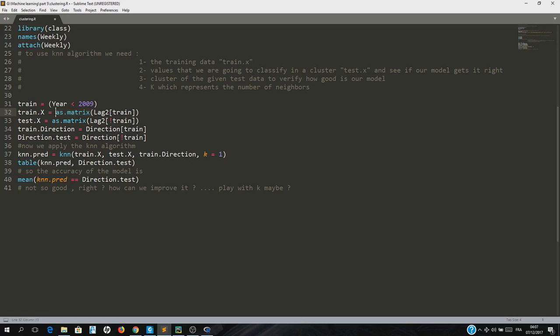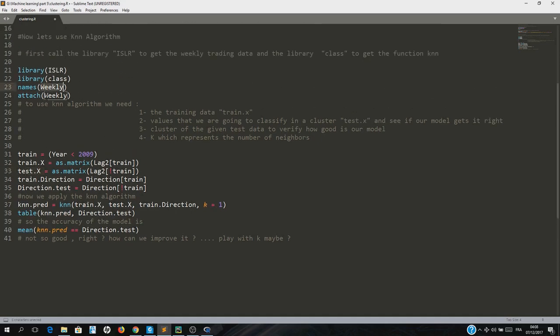We take this data as a matrix, and for test data, we take all the other data. We use the information before the year 2009 for training, and we test our model with all the data from 2009 and up.